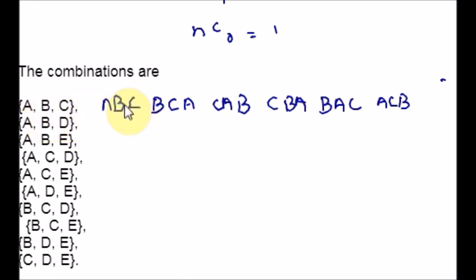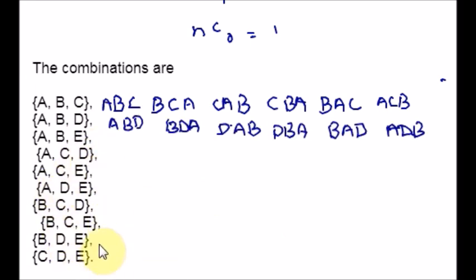So this is going to yield ABC, BCA, CAB. Same way, the next one, ABD, can be written as ABD, BDA, DAB, DBA, BAD, ADB.